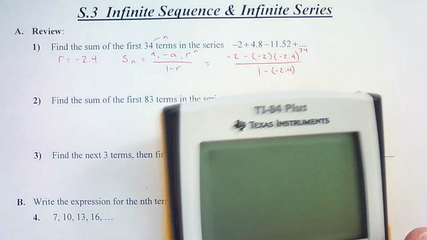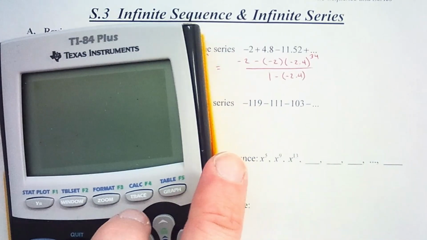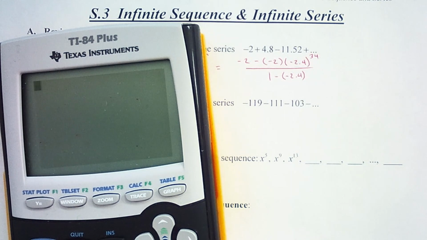So I'm going to put this in my calculator all in one step. So I'll use parentheses around the numerator and then around the denominator. So we have negative 2, and I didn't even use the parentheses, so we'll start that over. Negative 2 minus negative 2 times negative 2.4 raised to the 34th power.